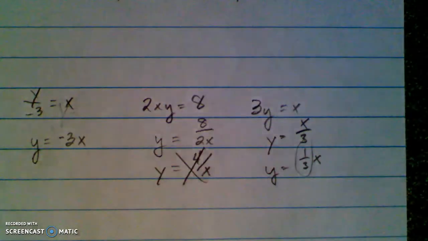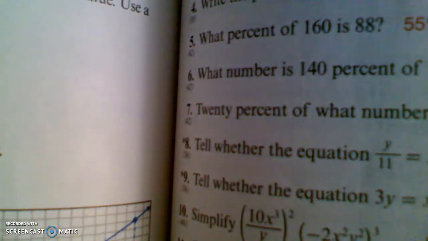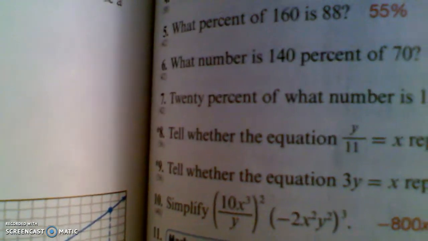If you look at the problems today that are possibly new, let's see, 8, 9. You can kind of see it there. Tell whether this is a direct variation. Tell whether the equation 3y equals x represents a direct variation. 8 and 9.